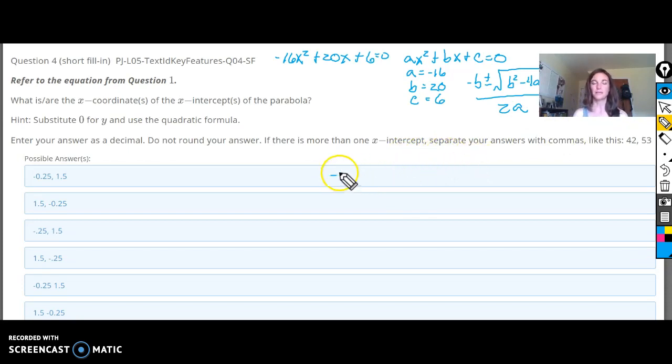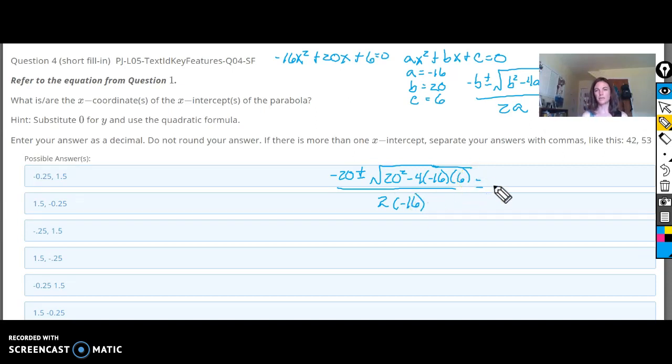Negative 20 plus or minus the square root of 20 squared minus 4 times negative 16 times 6 all over 2 times negative 16.